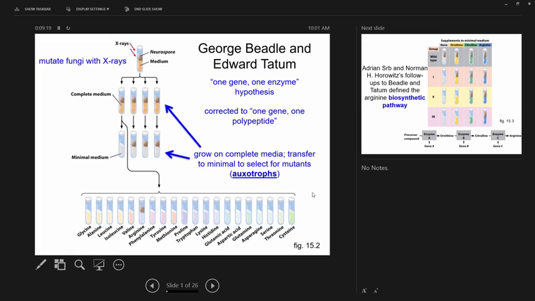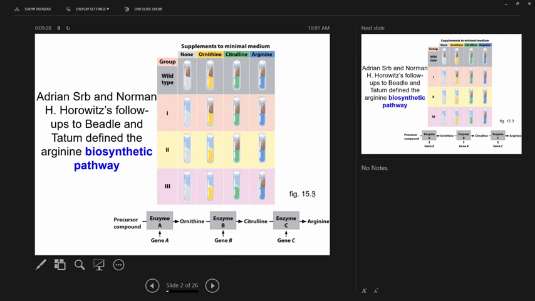All right, so Beadle and Tatum got a whole ton of arginine mutants. You know, they got mutants that did all these, and then other scientists were looking at each individual pathway, right? So Adrian Srb and Norm Horowitz did experiments that followed up on the Beadle and Tatum experiment, and they got a ton of different mutants that were arginine mutants only.